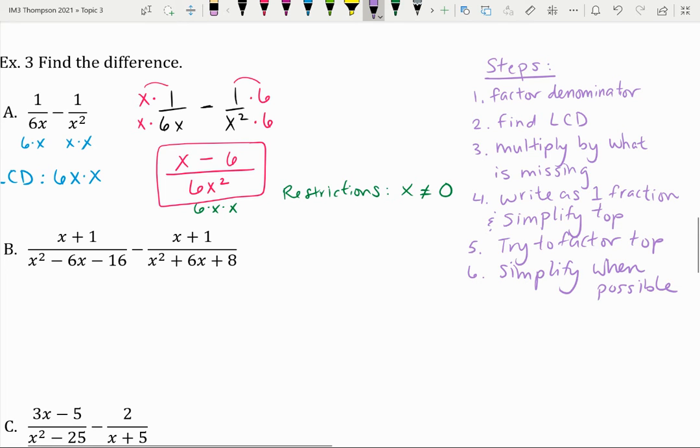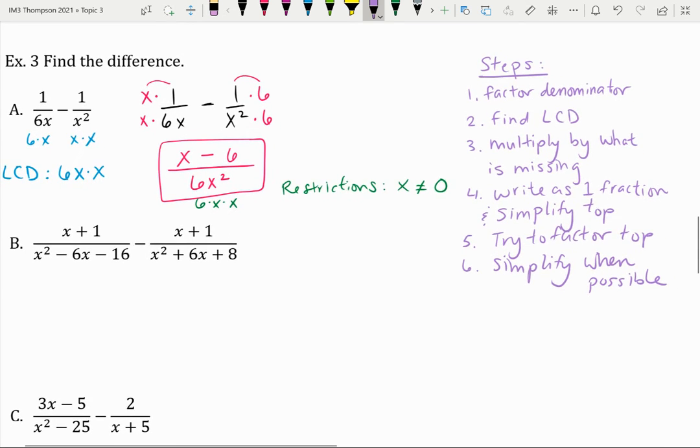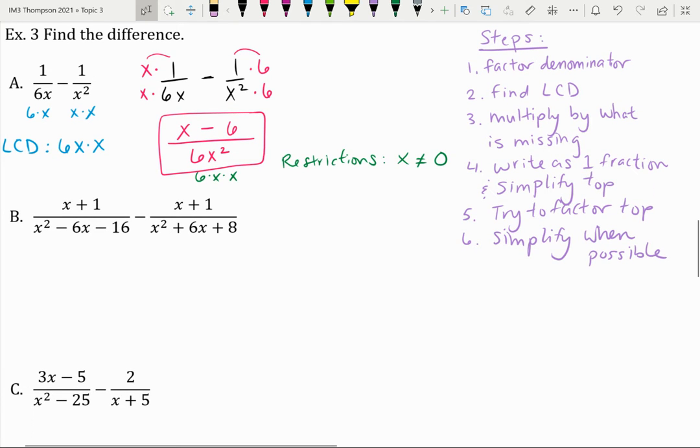Sometimes we have to go all the way. Cool. So step 1, factor the denominators.